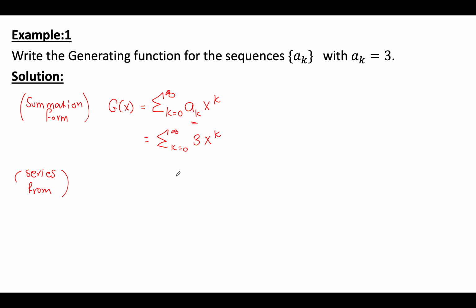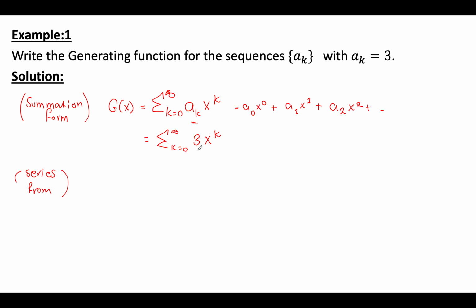By converting each time the value of k. This is equal to a0 x to the power 0 plus a1 x to the power 1 plus a2 x to the power 2, and we'll keep going.